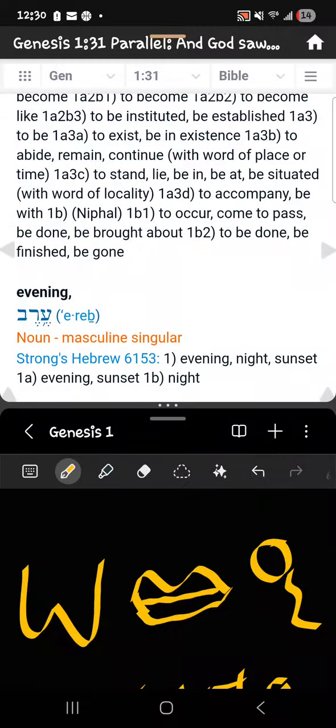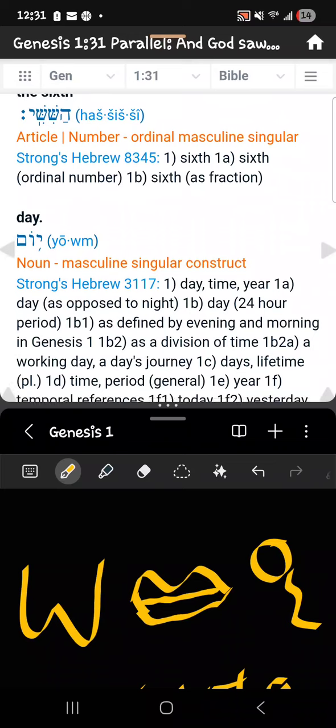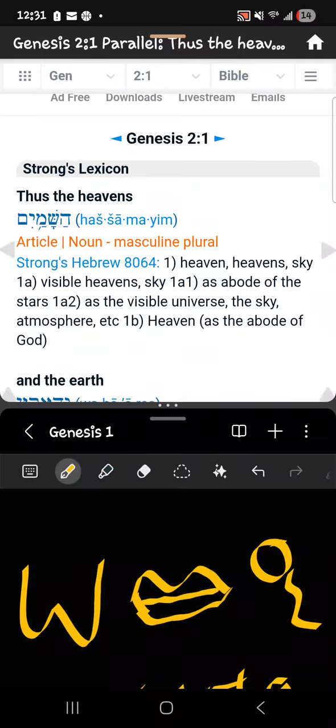And there was evening, and there was Bakar. It was Irib and the Bakar, the Hashashi Yawam. That's Genesis 1, y'all. Alright. I'll get to Genesis 2 soon. Then 3. Then 4. You're reading with me. Genesis 1. Barak, y'all.